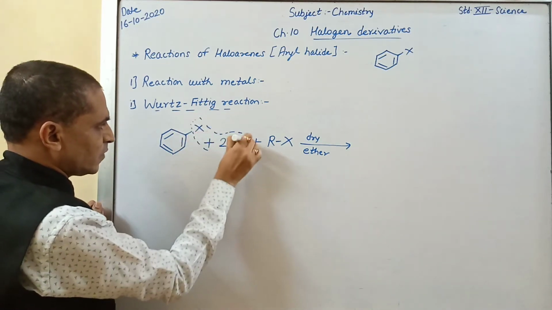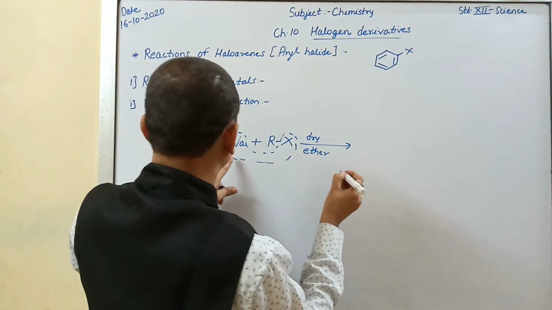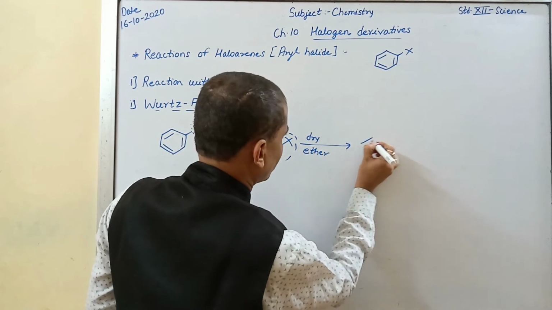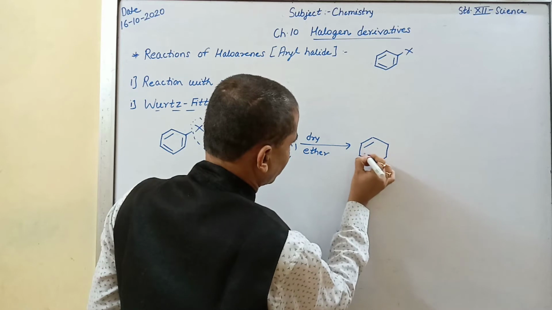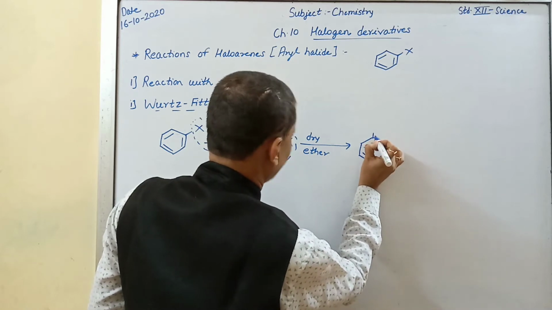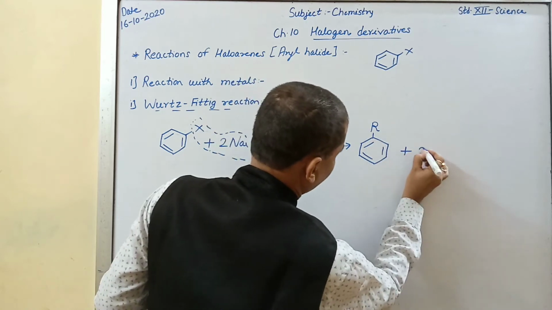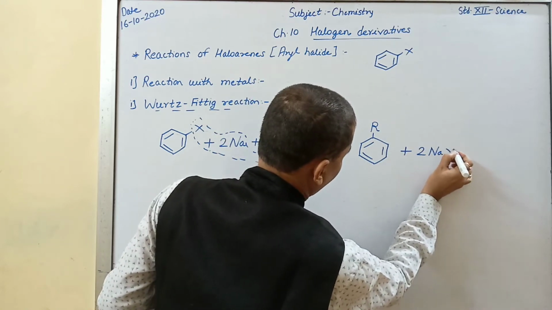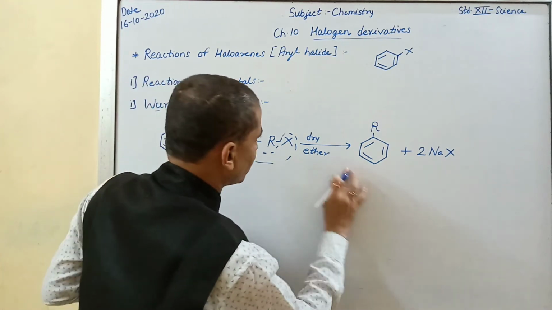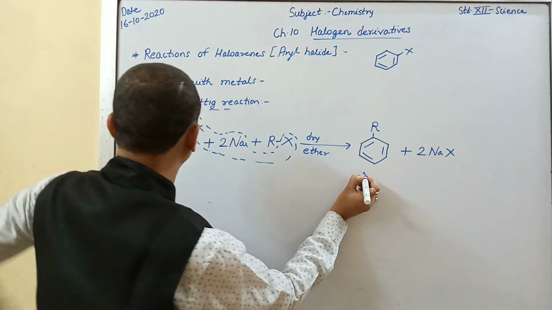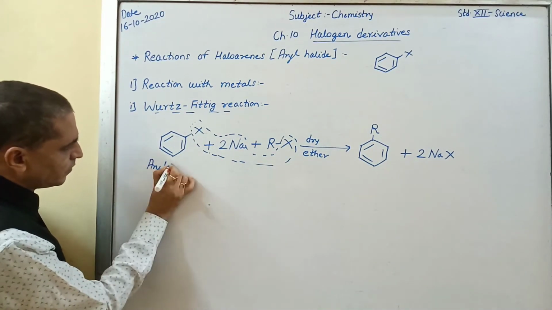This part goes to sodium, and you get substituted aromatic compounds, alkyl substituted, and here you get 2NaX. It is an aromatic hydrocarbon. Now it is aryl halide.